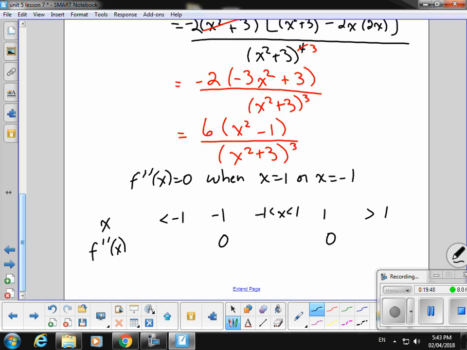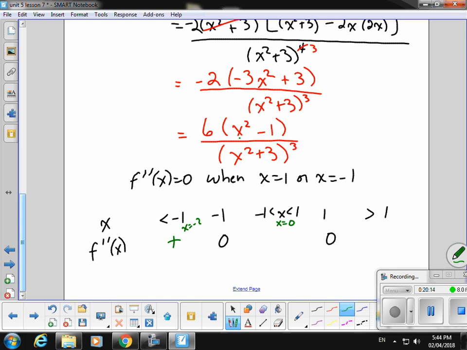So if I use a value less than negative 1, so let's say x is negative 2, it's positive, positive, positive on the top. Positive on the bottom is definitely positive. If I put a value in between negative 1 and 1, a really good choice would be 0.